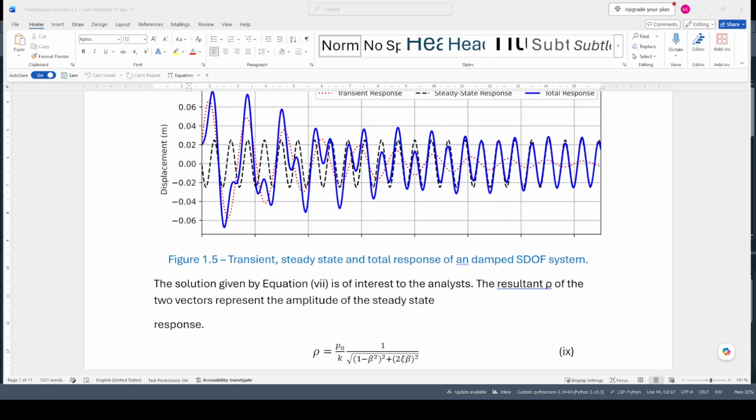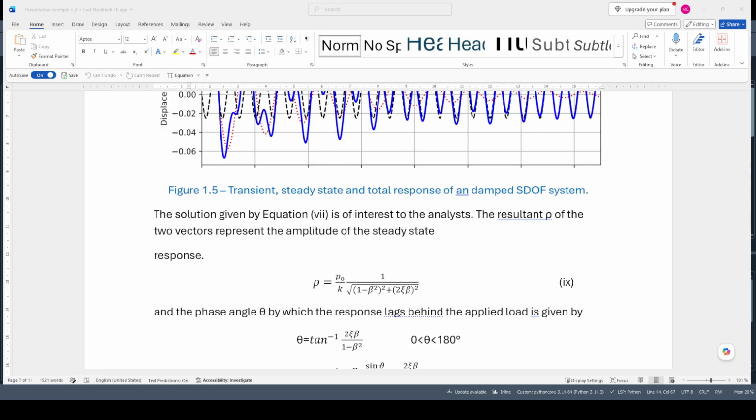This equation is very important for the analyst, and the resultant rho of 2 vectors represents the amplitude of the steady state. So this resultant value rho is equal to P0, the amplitude of force, divided by K, the stiffness of the spring.